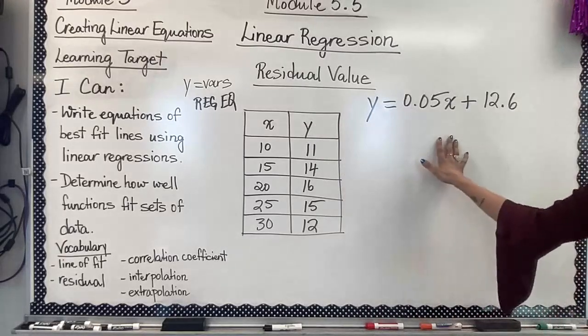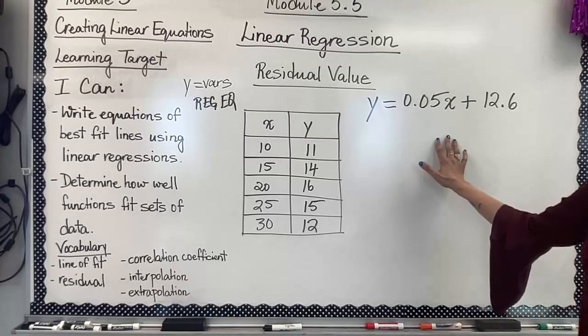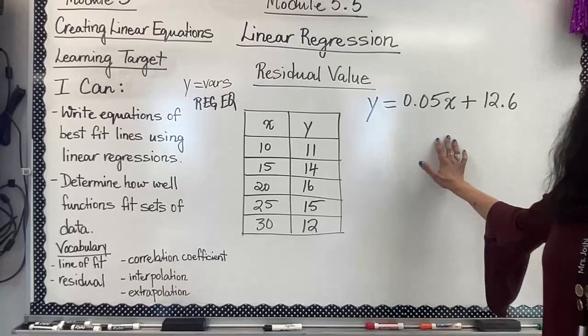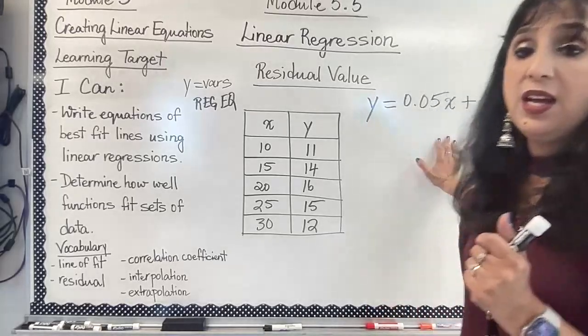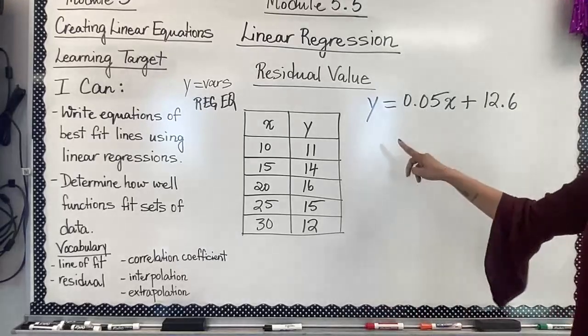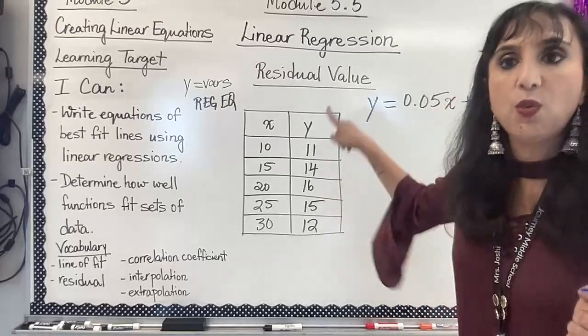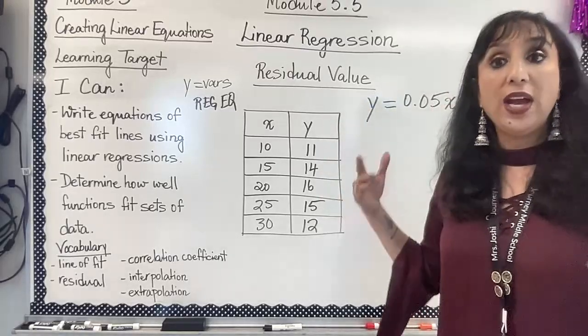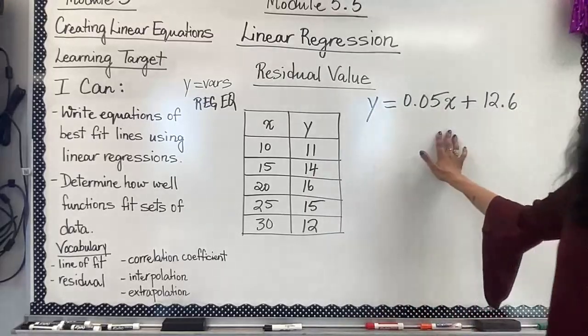All right, and so remember, residual means how far away are we between our prediction and the actual value. Okay, so these y's over here, these are the actual values. So we are going to see how far is this from the predicted value, which is over here.